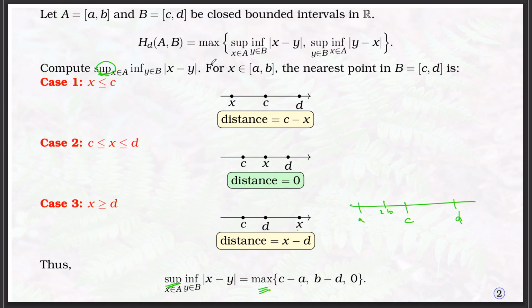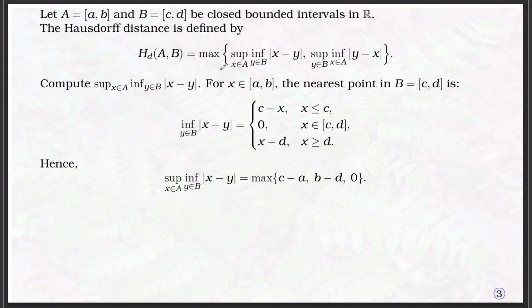Similarly, now we are finding the distance between A and B. This term is over. Now we need to compute this term, supremum infimum of y minus x, the distance between B comma A. Before that, for A, x belongs to A comma B, the nearest point in B can be written in the form of the function infimum of x minus y, which has these three forms, and supremum infimum of x minus y we can write in this form.